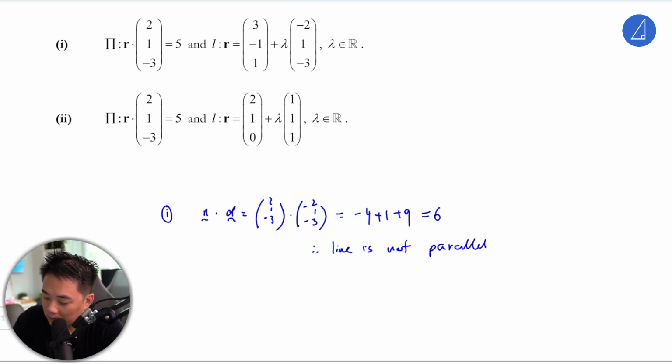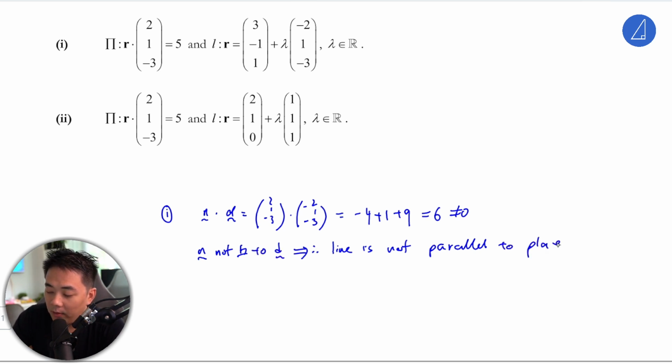Since this is not equal to 0, n is not perpendicular to d. So this line is not parallel to the plane.